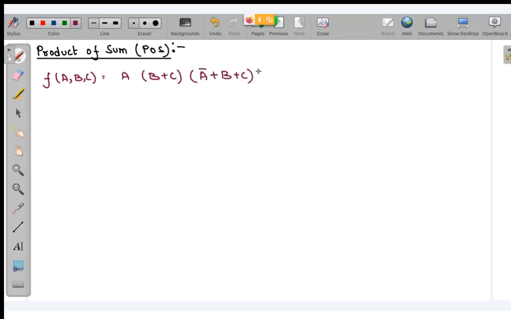Here you can see we have individual sum terms, and the product of these sum terms is known as POS.